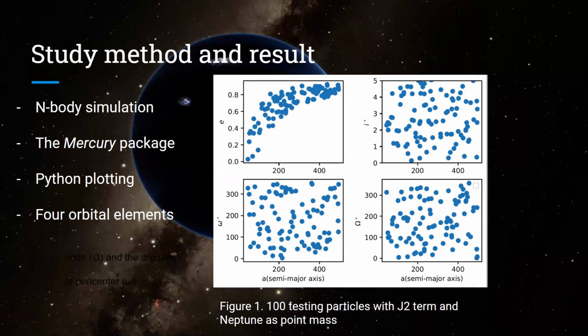First, the point mass Neptune can affect the precession of the orbit. Second, the J2 potential effect can change the direction of the orbit for the object. And third, we find that the galactic tidal force can increase the eccentricity and the inclination of the orbit.